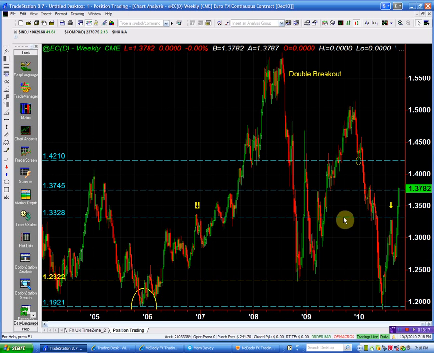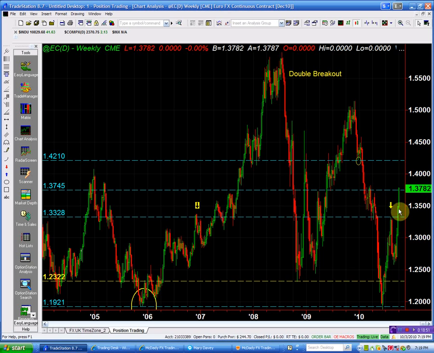We can say that fundamentally the problems in the eurozone are too big, so the analysts say we're going to short the euro. No, this means that the market has discounted so far all the negative news about the euro.